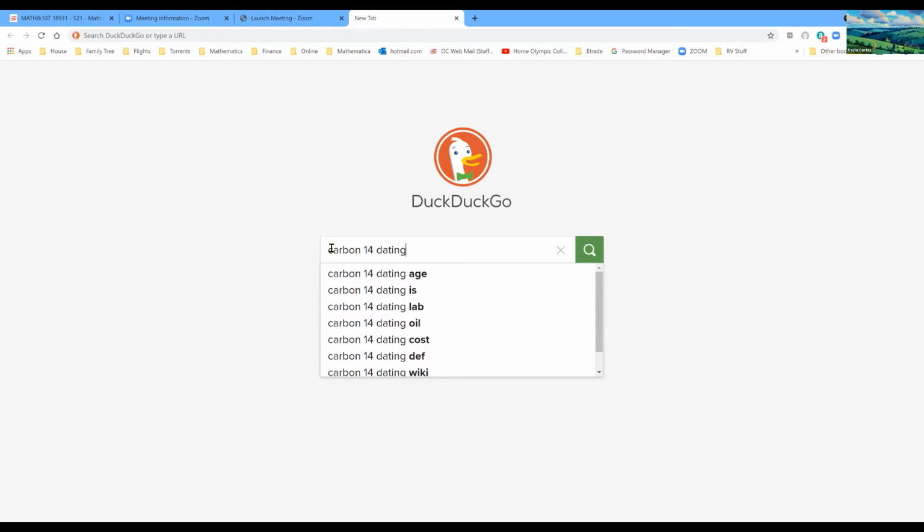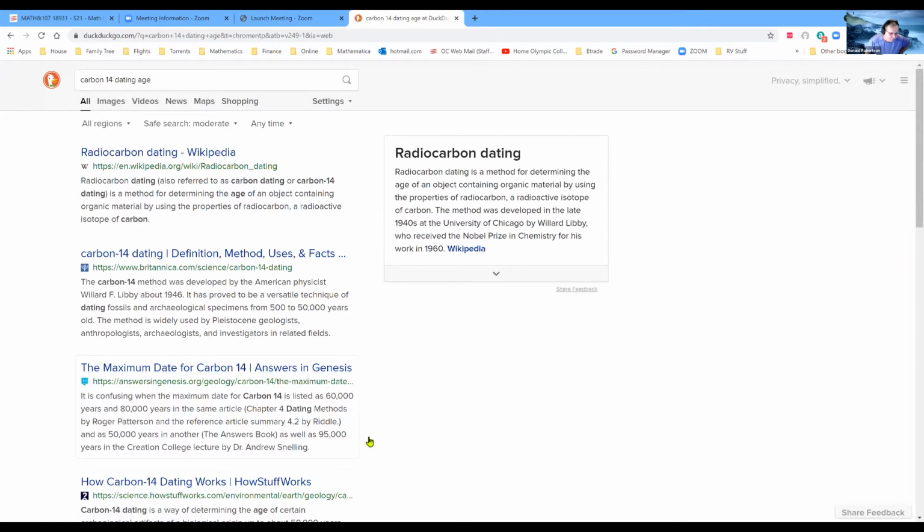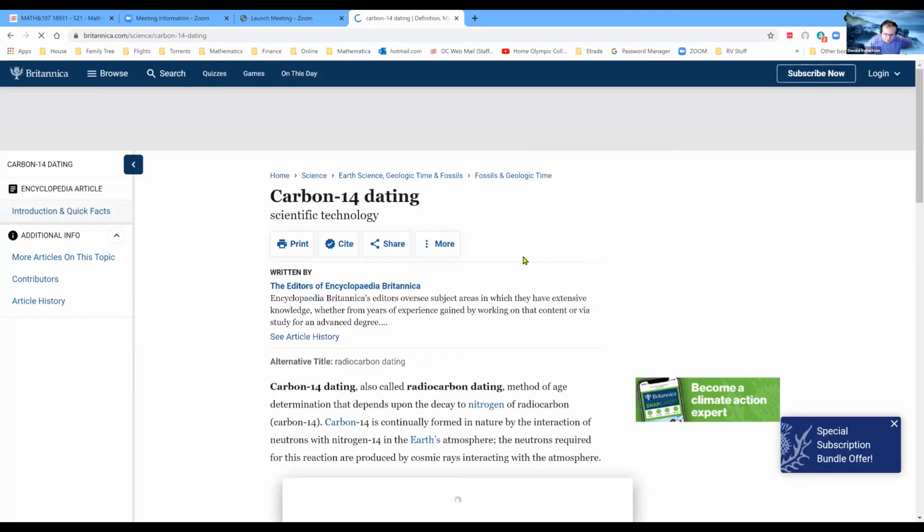I've heard of carbon dating, but not carbon 14. That's just specific. Carbon 14 is carbon dating. It just happens to be the isotope of carbon that they use, right? So I guess I'll try this one. What I'm going to look for in one of these is the model, the formula that is used to date things using carbon 14. Now, if they don't give me the number I want, I know how to get that number, but I'd rather they just told me what it was.